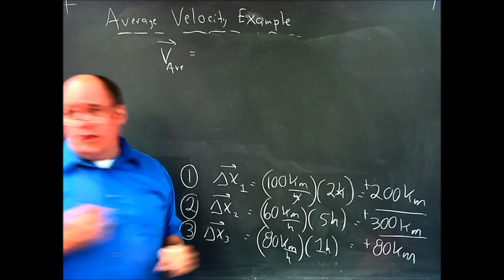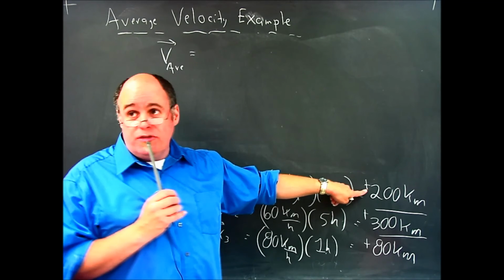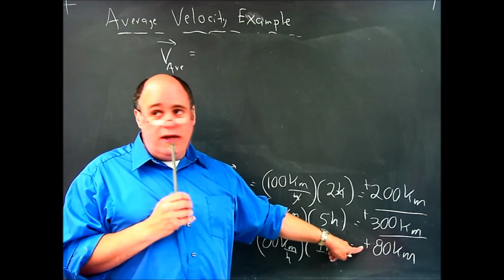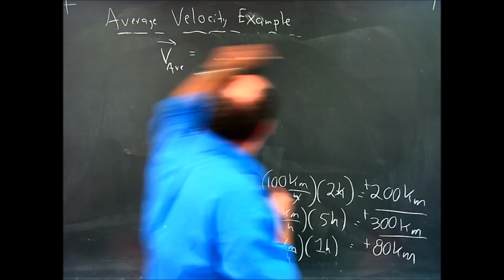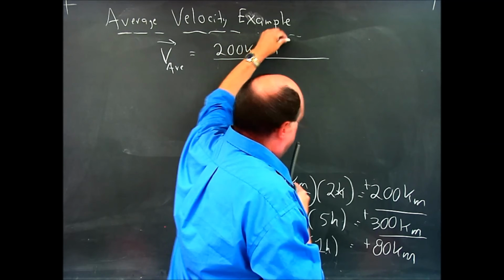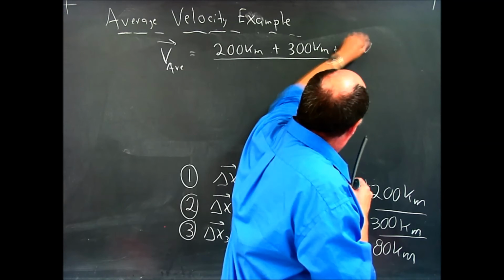It's going to be the total displacement. In this case, I've been displaced 200 kilometers to the east, and then an additional 300 kilometers to the east, and then an additional 80 kilometers to the east. So my total displacement is going to be 200 kilometers plus 300 kilometers plus 80 kilometers.